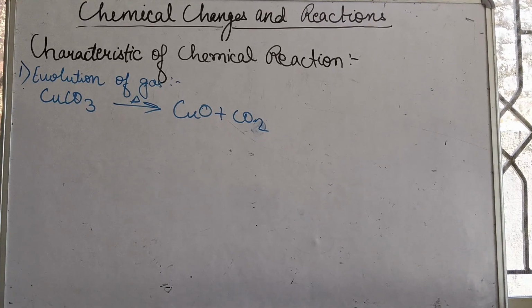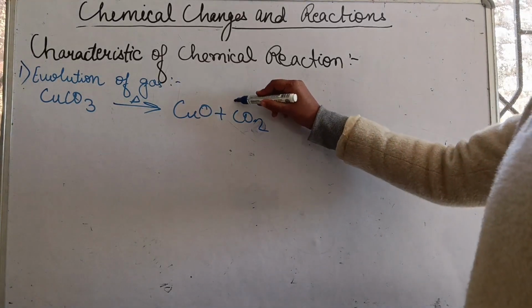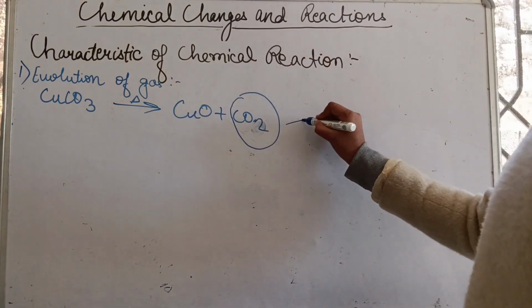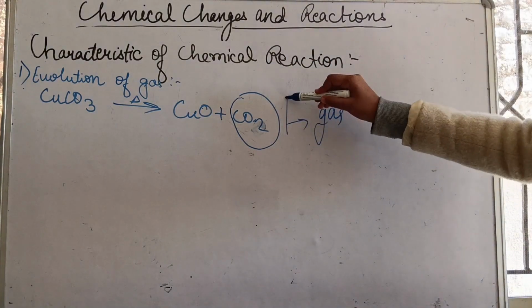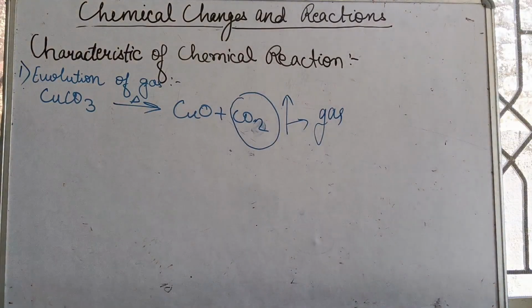Which gas was released? H2, no, sorry, CO2. This is carbon dioxide, which is a gas. And for the evolution of gas, we use this symbol, upward arrow. For precipitate, we use downward arrow. Similarly, for evolution of gas, we use upward arrow.